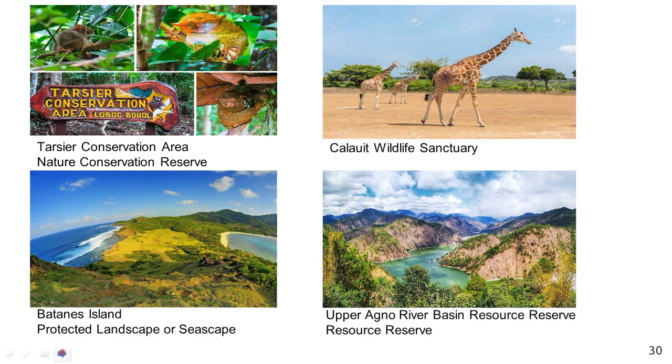So according to research, they have 1,870 animals, and ito yung major conservation showcase for wildlife habitat in the Philippines, the Calauit Wildlife Sanctuary. So category 5 is the protected landscape or seascape.